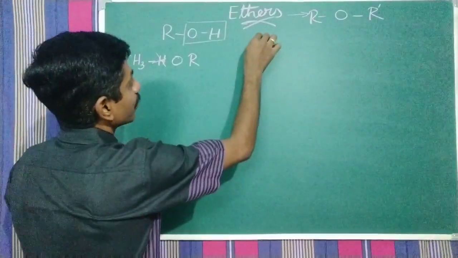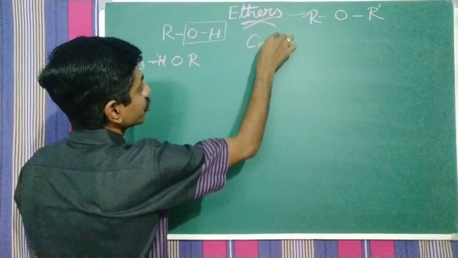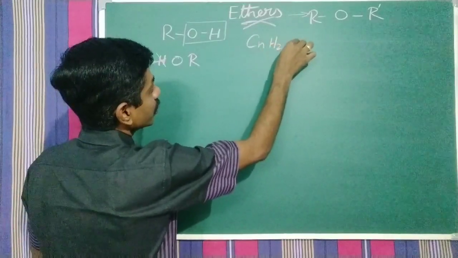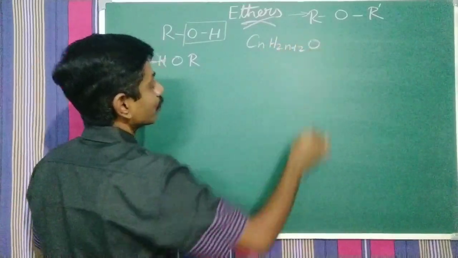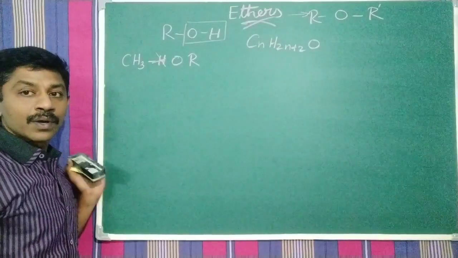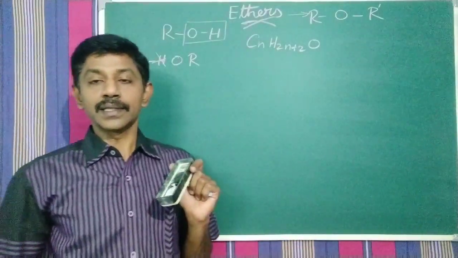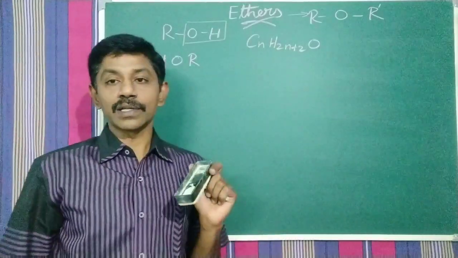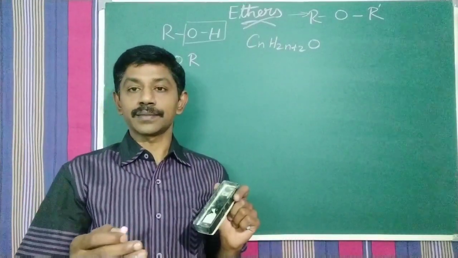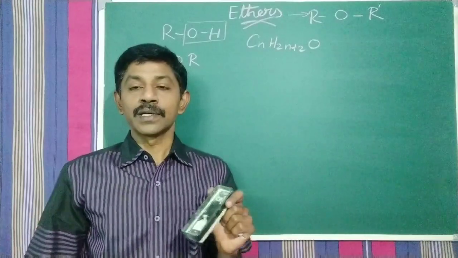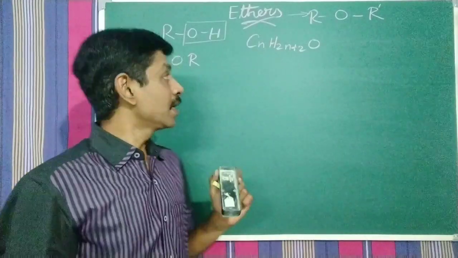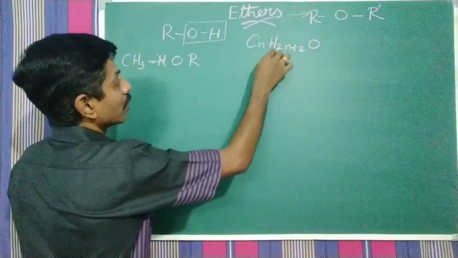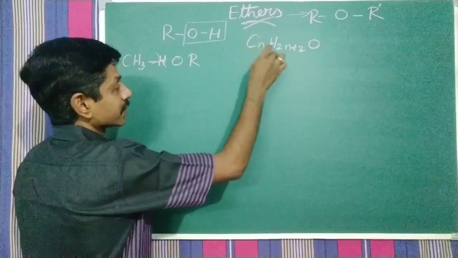What is the general formula? Ethers have CnH2n+2O. This is the general formula for both ethers and alcohols. We will elaborate on the molecular formula, and before going to the IUPAC name, let us learn about the classification of ethers.